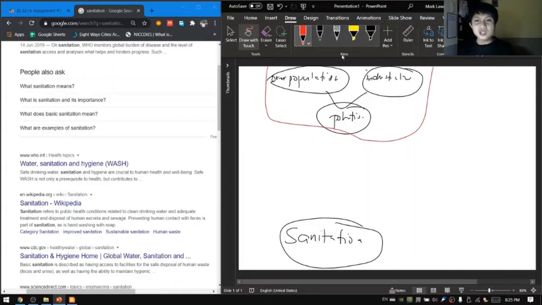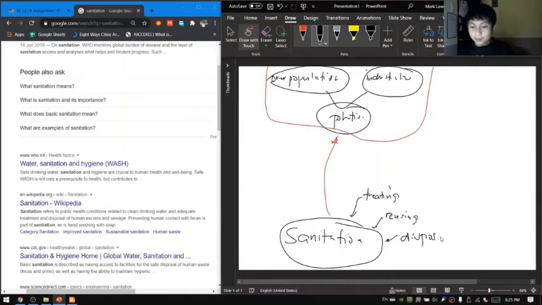Now sanitation is a method, as I said. So sanitation will address the problem. Sanitation involves cleaning. When we say sanitation, we talk about treating, reusing, disposal.